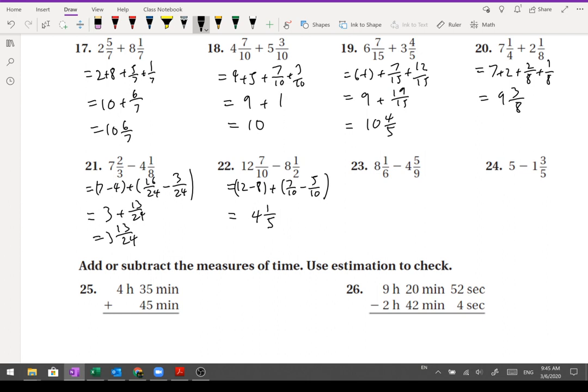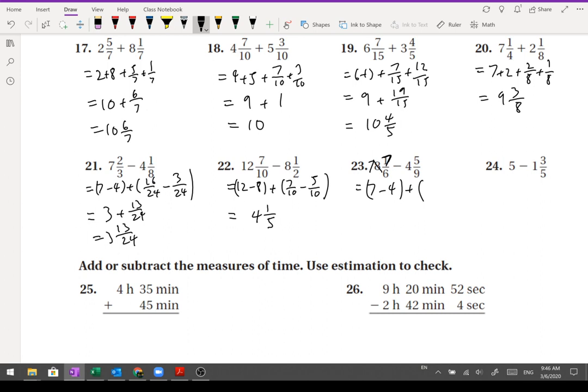Then for question 23, we have 8. Now, I'm going to look ahead at this one, and I can see that 1/6 is definitely smaller than 5 over 9. So I will be borrowing 1 from 8. That becomes 7, and this also becomes 7 over 6. So this will be 7 minus 4 as the whole number part. And then for the fraction part, 6 and 9, the LCM of 6 and 9 will be 18.